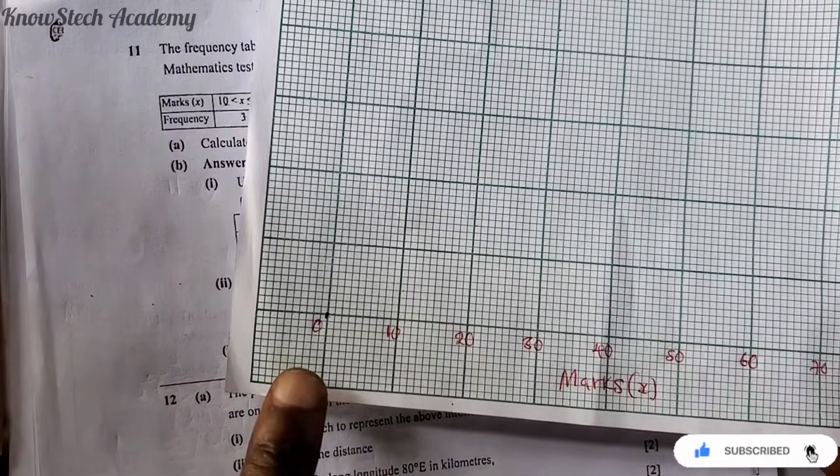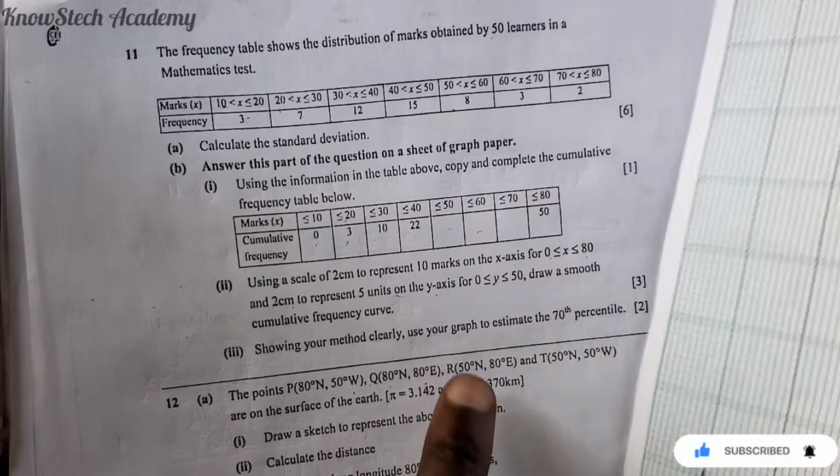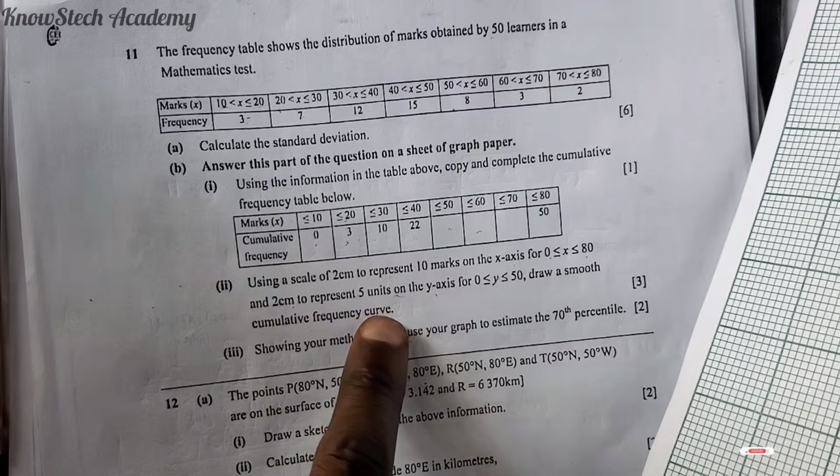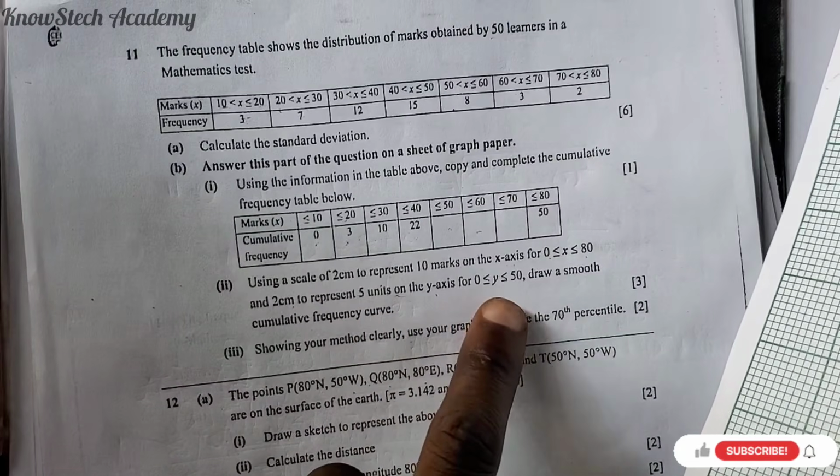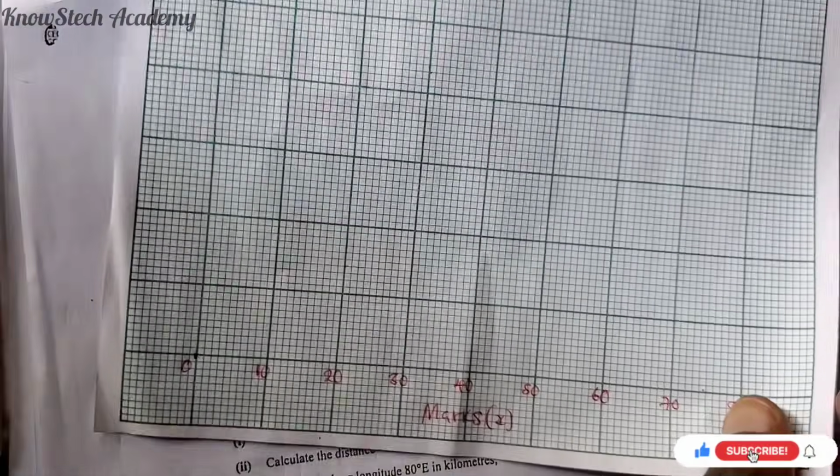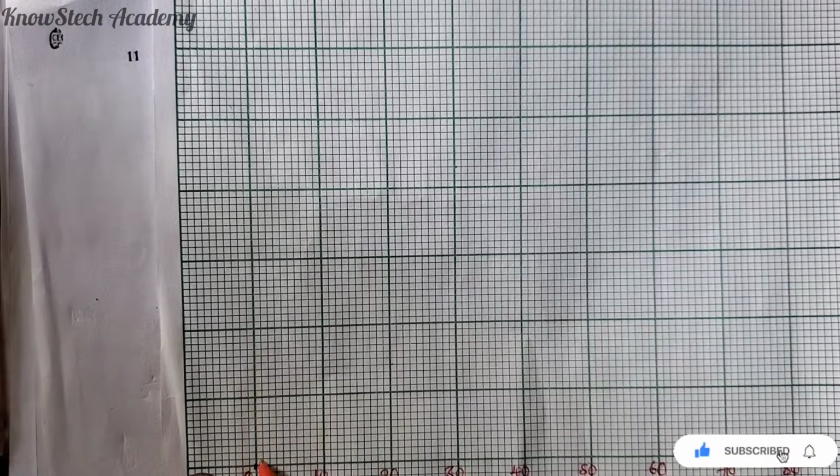Then in the y-axis here, we are told that it is 2 centimeters to represent 5 units, and we should end on what? 50. So we are going to say 2 to represent 5. This is 2 centimeters.